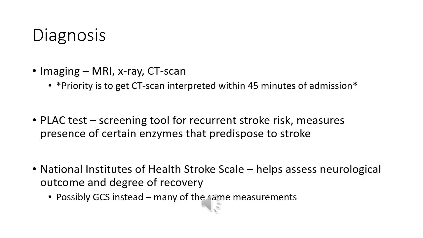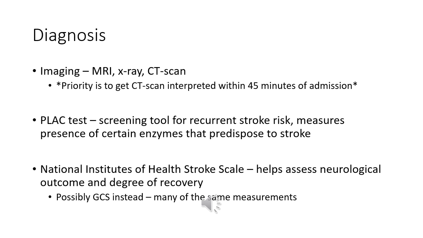The other is the National Institute of Health Stroke Scale, which basically helps assess the neurological status of a patient. And so this isn't, again, used so much to diagnose a stroke. It's more to give a prognosis or to measure somebody's ability to recover or how they're recovering from a stroke.